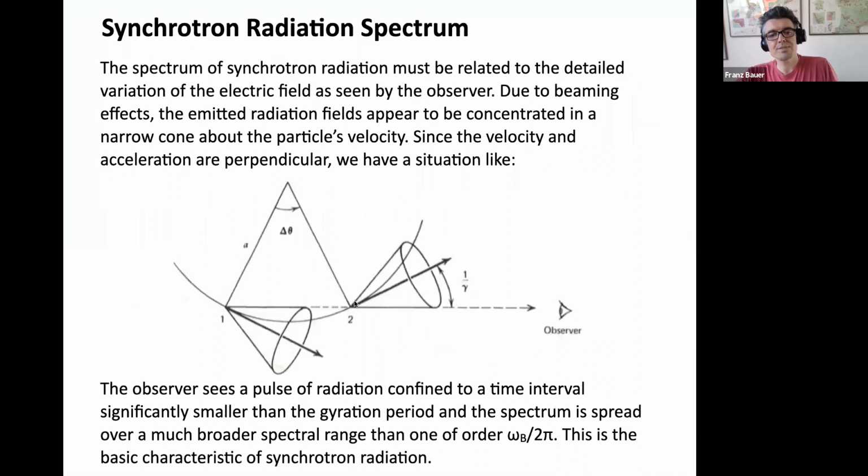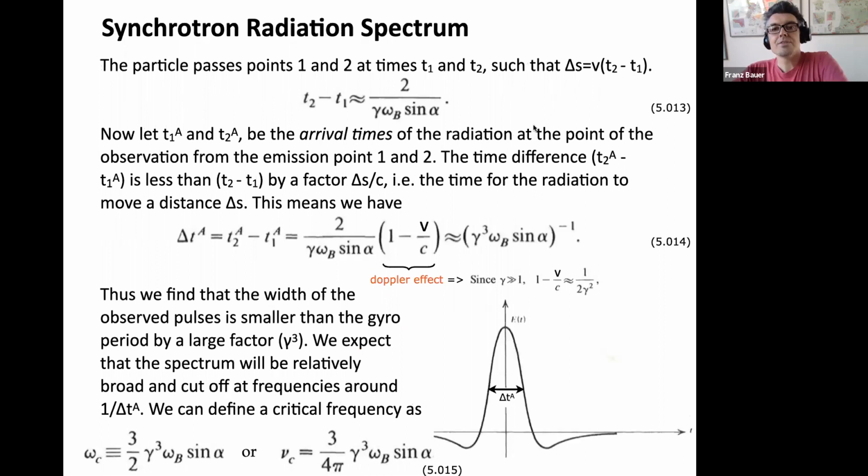So this will be the velocity times this time difference, T2 minus T1. That's just what this is. We can then plug in that this difference in time is related to this.